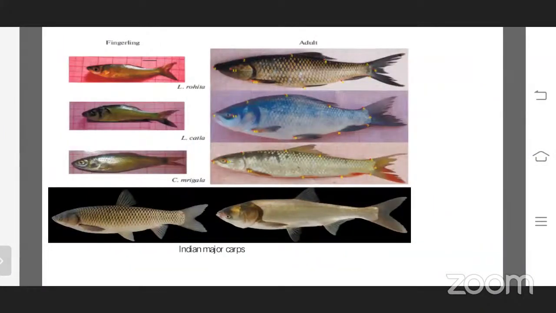Generally in Indian freshwater aquaculture, we use the common crops. In fish culture especially, we use different types of fishes that belong to the carps. They are called carp fishes. Indian major carps are classified into different types. See here, Labeo rohita, Labeo catla.